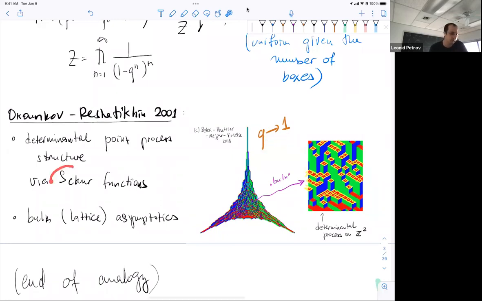Using Schur symmetric functions, they extracted the determinantal structure of this model and studied lattice asymptotics, or bulk asymptotics, where by bulk I mean that you take some point of observation somewhere in the system where you see a random mixture of 3 colors, and then you zoom in.